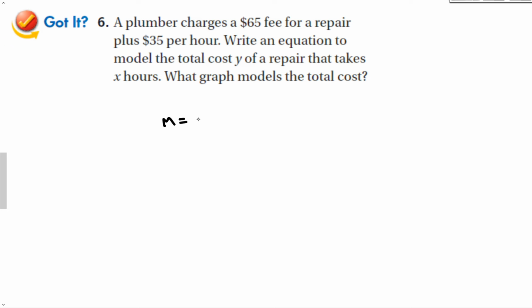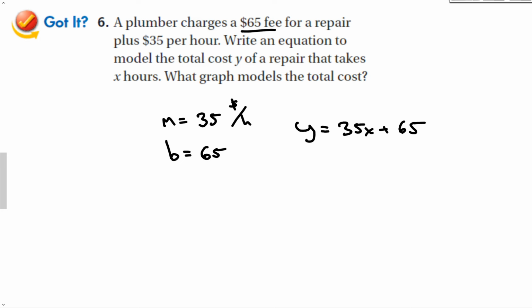So the slope is $35 per hour. My intercept is where we start, okay? At zero hours, he still charges you $65. So my equation is y equals 35x plus 65.